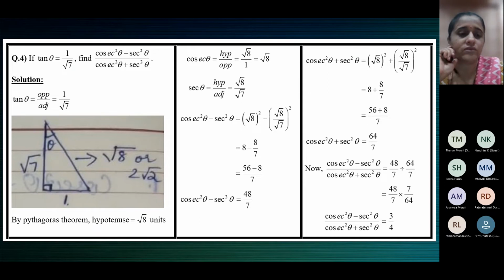You're given one T ratio, and we have to evaluate cosecant square theta minus secant square theta by cosecant square theta plus secant square theta. So you can use a right triangle and find the values of cosecant theta and secant theta and evaluate the expression.